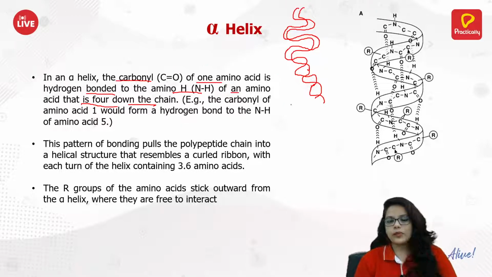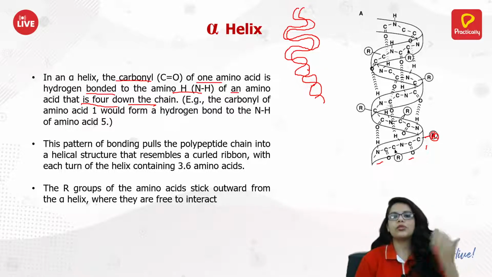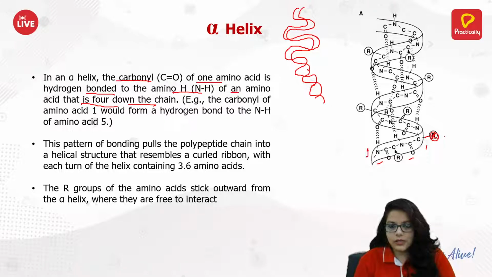Okay, so in this picture you can see there are lots of peptide bonds. Just the R portion, the variable portion, is outside. The rest of the groups are inside. Now suppose this is position 1, one amino acid here. There is the amino group.